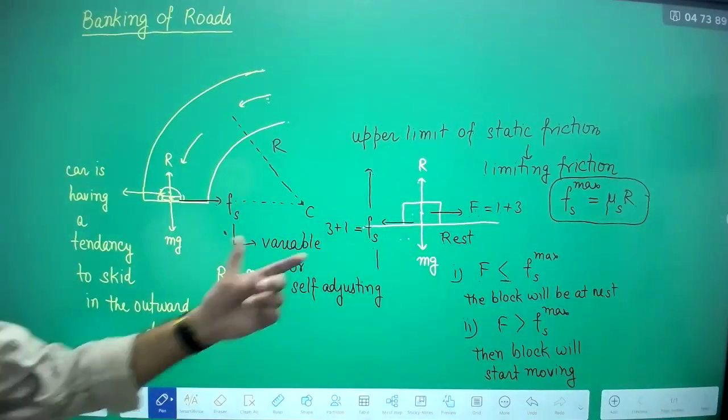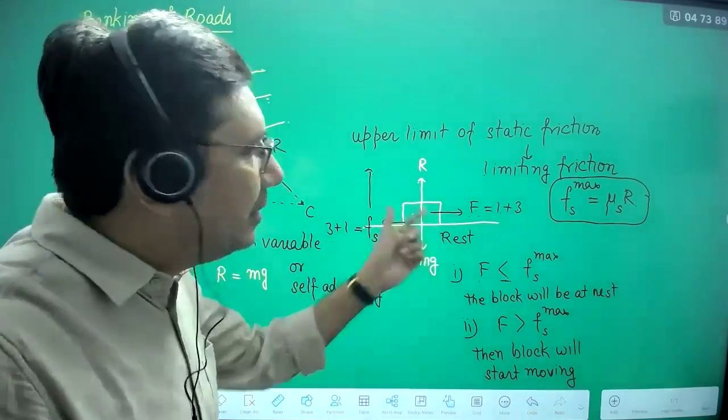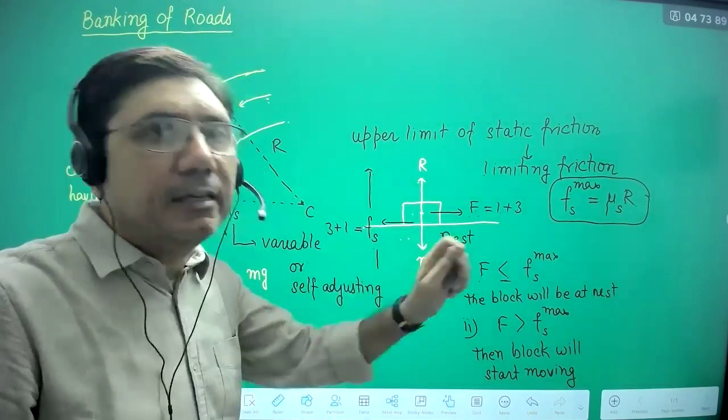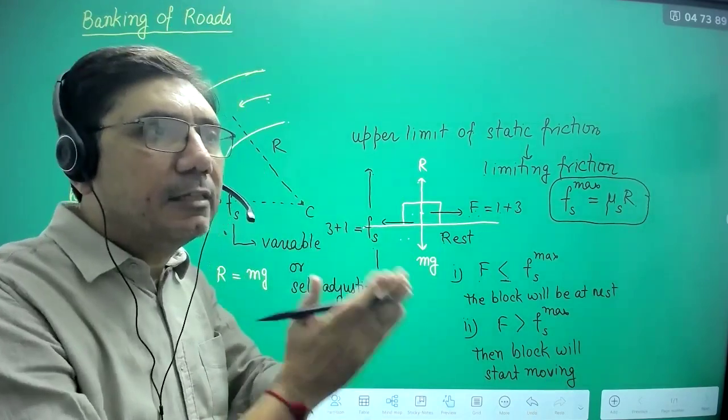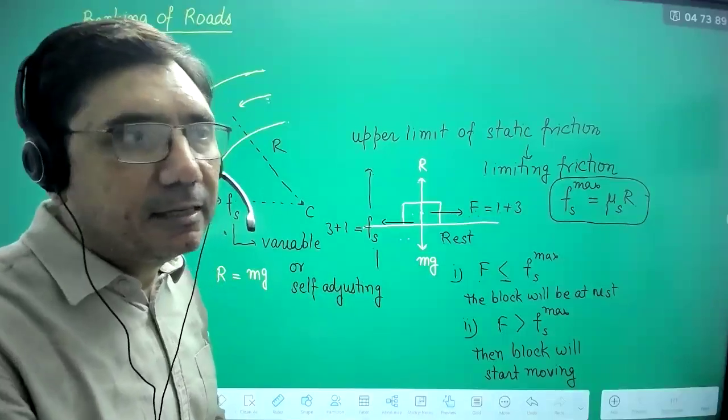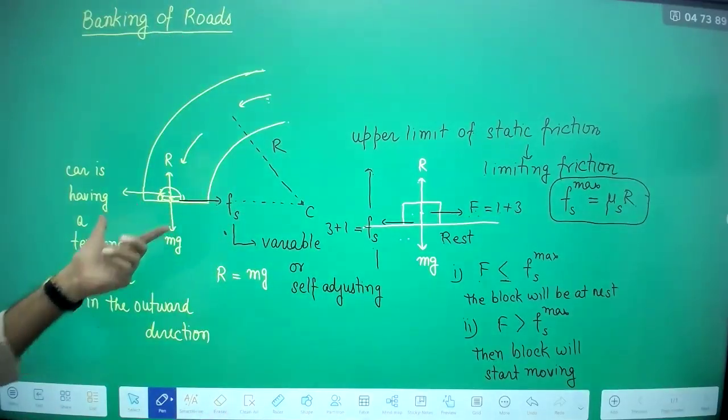So basically, if you want to make a block move, you have to apply a force greater than the limiting friction Fs max. The same thing is applicable here.